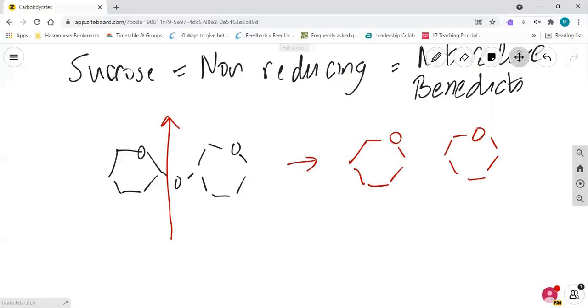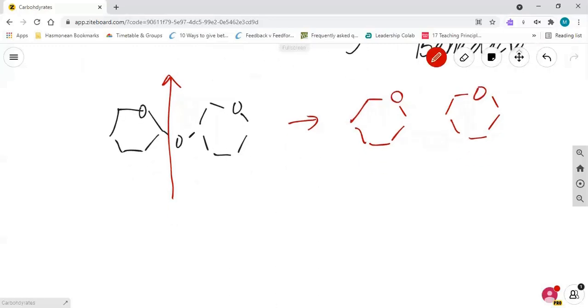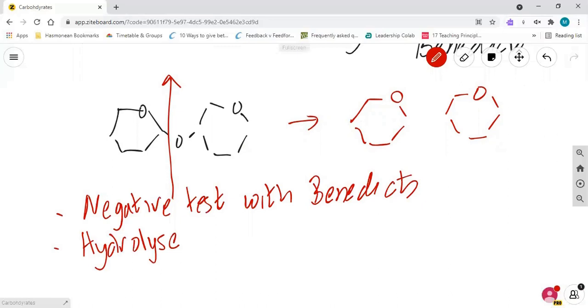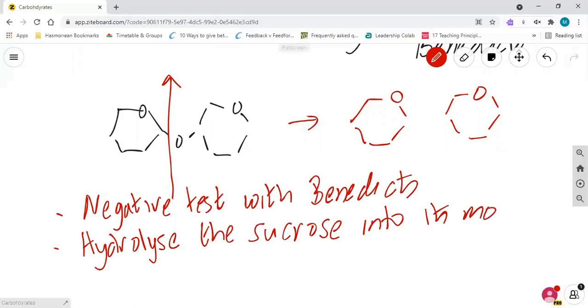So how do we break up sucrose and how do we test for it? So the first thing you need to do is you'll get a negative test with normal Benedict's. So we then need to hydrolyze, and I'm using the word hydrolyze rather than break because I don't like the word break in A-level biology. So I hydrolyze the sucrose into its monosaccharides. Now, how are we going to do that?